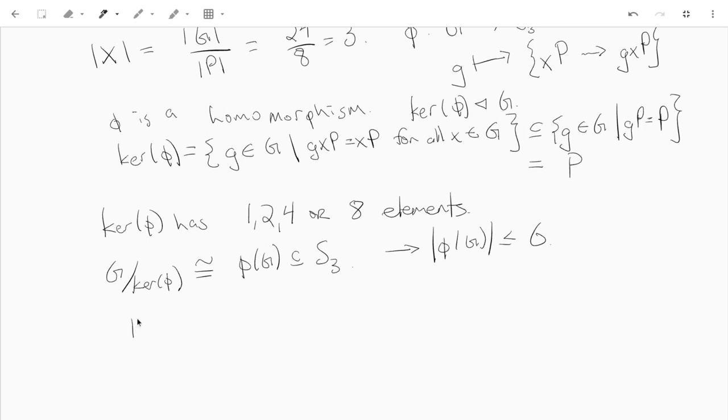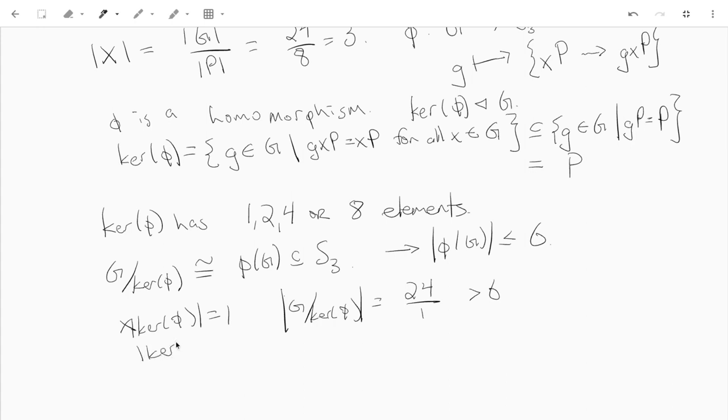So if the kernel of phi has 1 element, then G mod the kernel of phi has 24 elements divided by 1, which is greater than 6. So this can't happen.